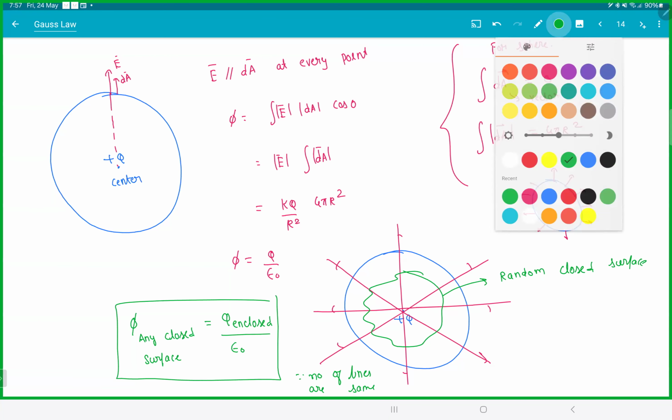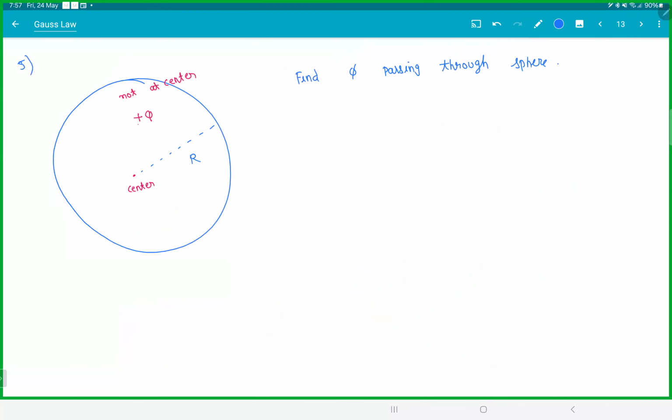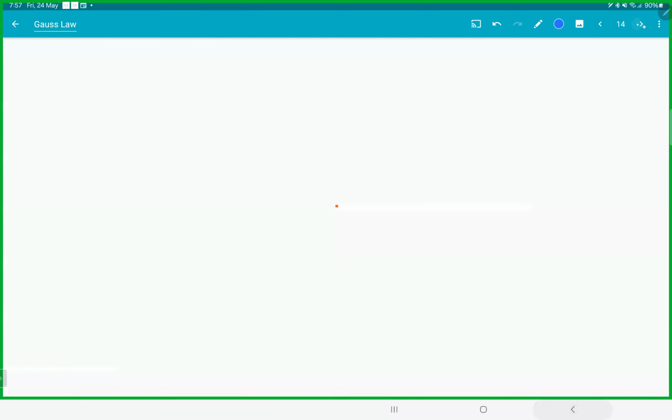So what happens if the charge is outside? For this thing, the answer is straightforward. Doesn't matter where you keep it. All clear with this page? Now see, what happens if you keep it outside? So if you have a closed surface here, now listen carefully, this is important. They can ask good multiple choice questions.